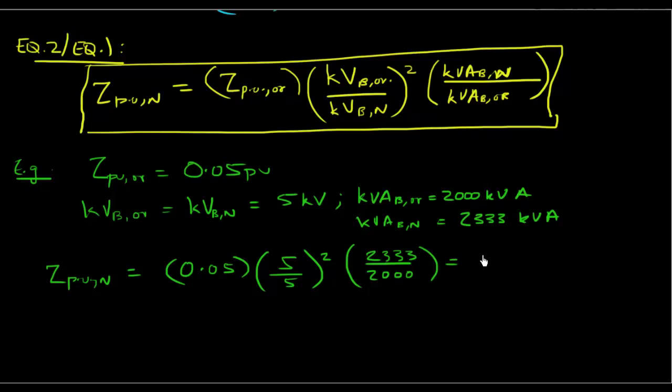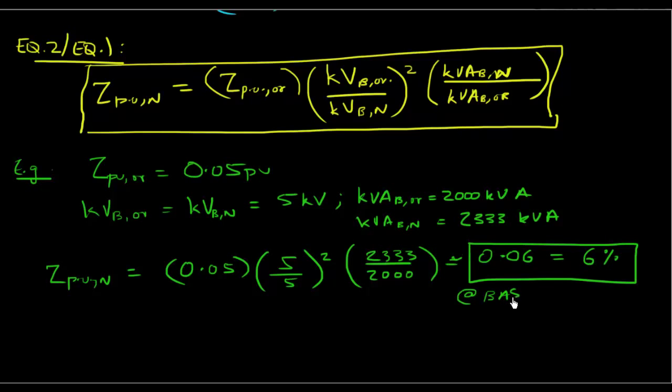Basically this gives me an answer of 0.06, at least approximately. I think it's 0.058 or something is what it'll give you. So this allows you to define a new impedance of 6% at your new base of 2333 kVA.